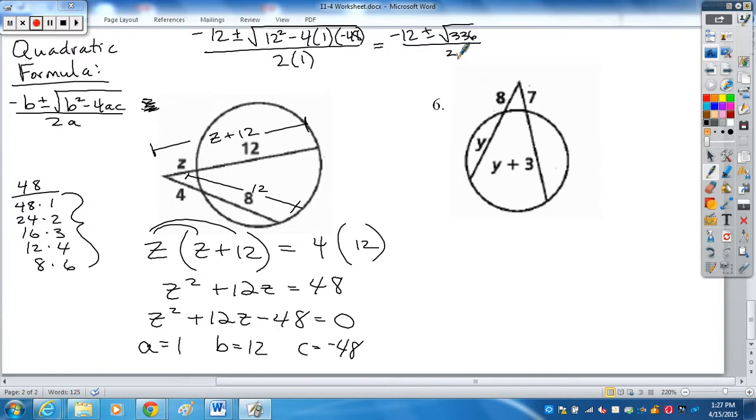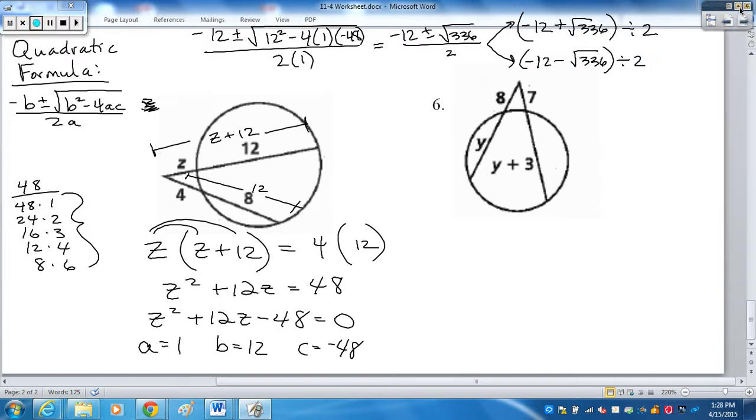Now, if you work that out in your calculator, again, you want to do this two different ways, if you don't remember. Negative 12 plus radical 336, whatever that is, divided by 2. And then it will be negative 12 minus radical 336 divided by 2. Okay? So you may want to pause your computer and go ahead and do that.